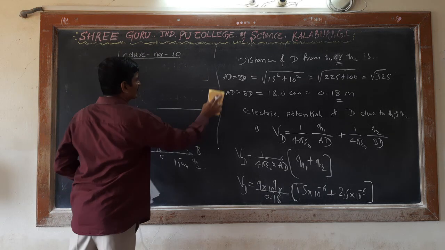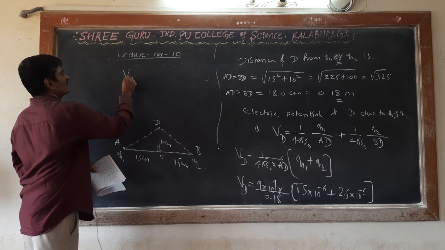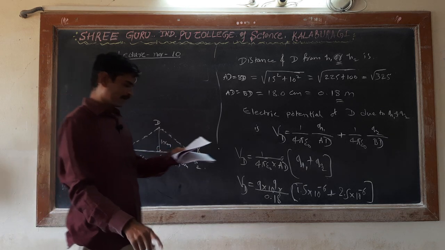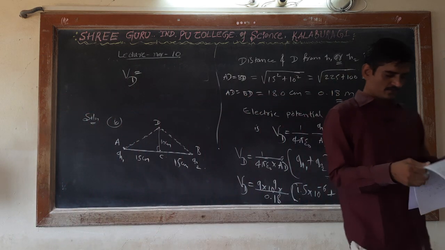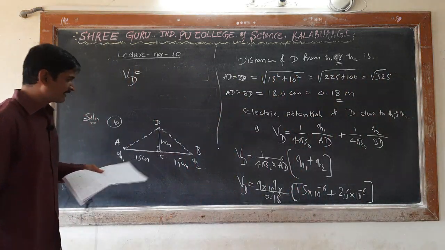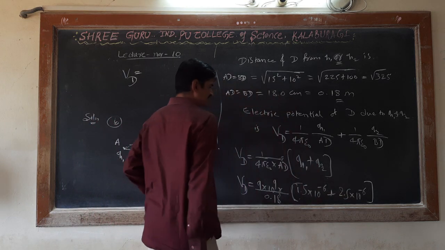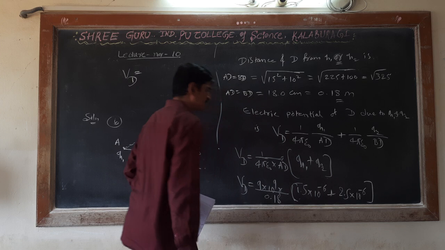On simplifying we will get the answer. I will tell directly the answer. So VD, the electric potential at the point D, you only simplify it. 10 to the power minus 6 is taken common. 1.5 plus 2.5 is 4.